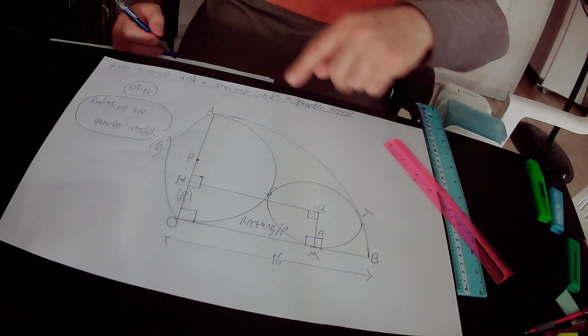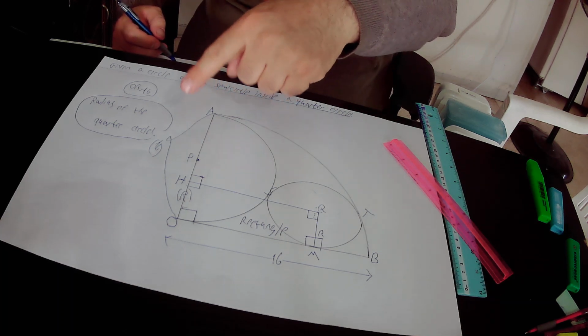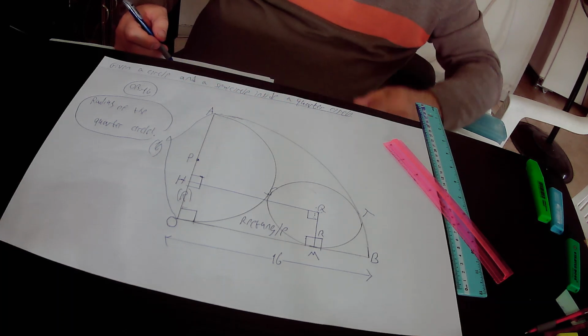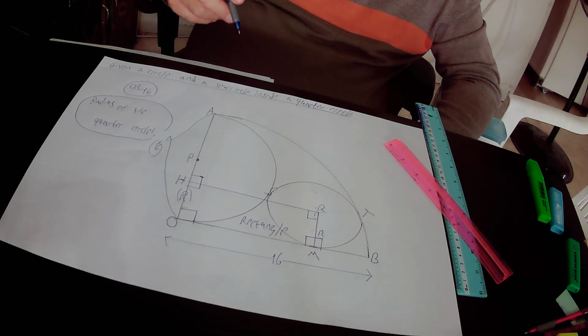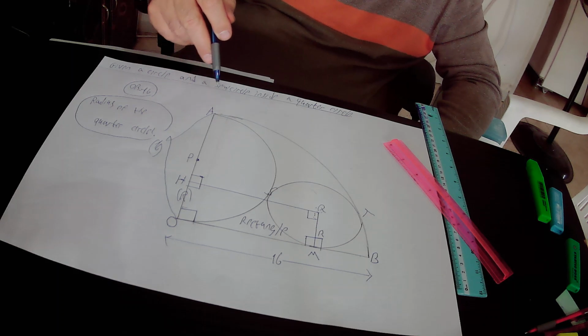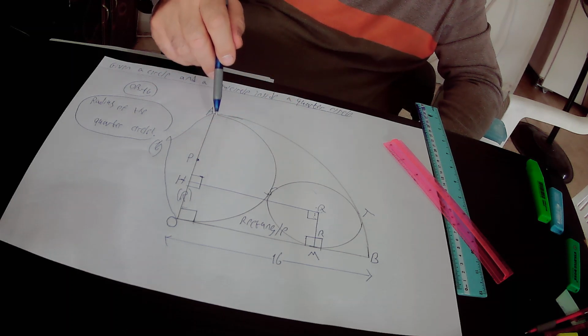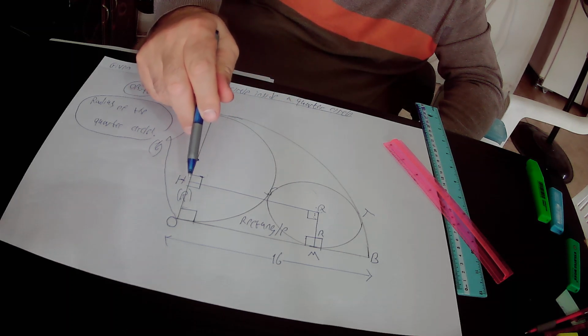We know that AO is the radius of the quarter circle, and it is equal to 16 units in its length. But AO is not only the radius of the quarter circle, it is also the diameter of this semicircle. So we know that AO is the diameter of the semicircle. So the diameter of the semicircle equals 16 units in its length.